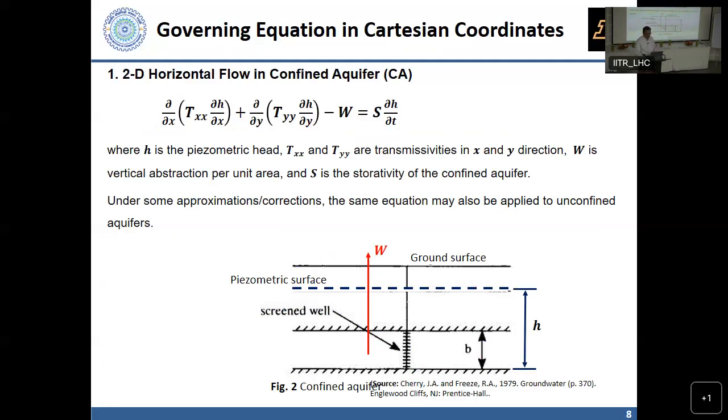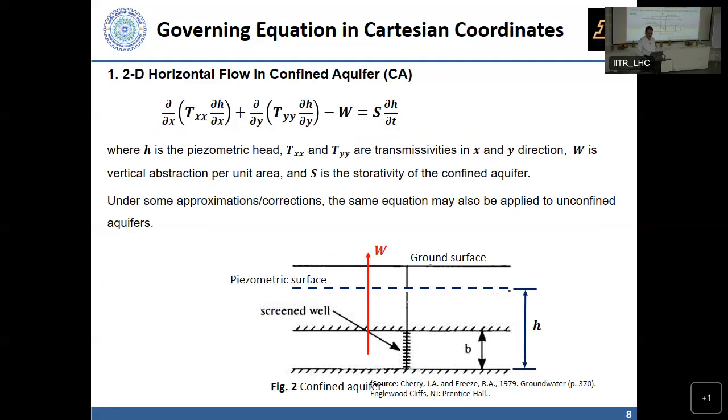So you would basically work with this. And notice that for this equation, the advantage is that these parameters, the transmissivity in the x and y direction, are not dependent on h. So in sum, what that essentially means is this equation is therefore linear in h. And linear equations are easily solved.